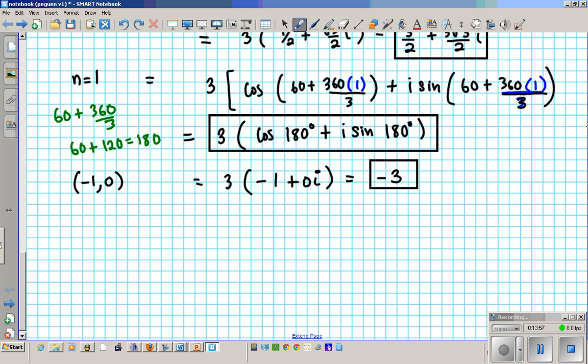Last one, but not the least, is n equals 2.